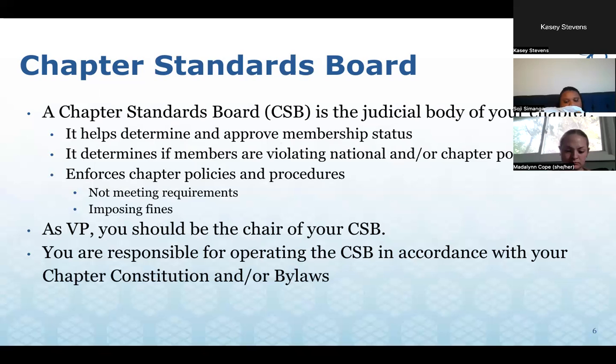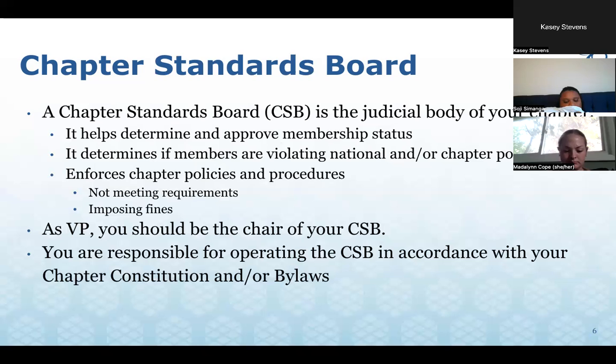Maybe it's something around not meeting requirements, whether that's financial or service, or folks are missing too many meetings, whatever it might be. CSB might also be the group that would determine that a fine is necessary for some sort of infraction that a member has made.